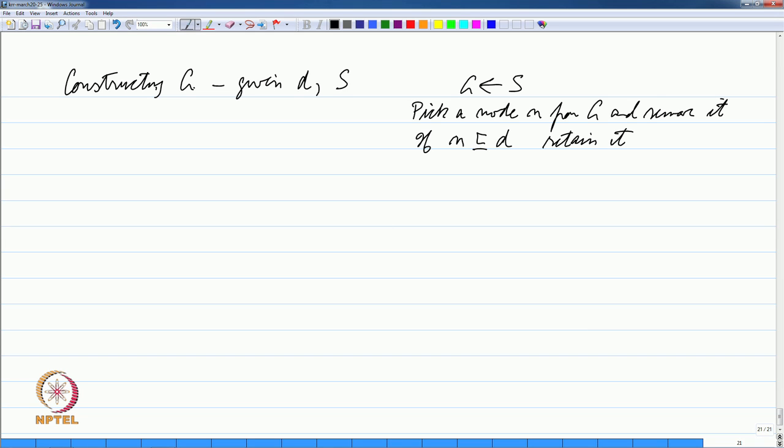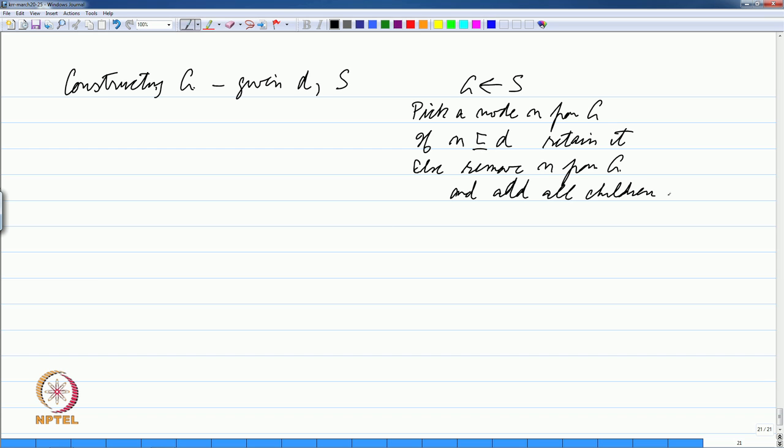Maybe I should write it slightly differently. So, maybe we do not remove it there, else remove it from G and add all children of n to G. So, essentially first we are finding all the nodes which are subsumed by D essentially.